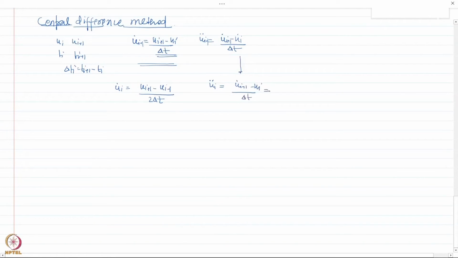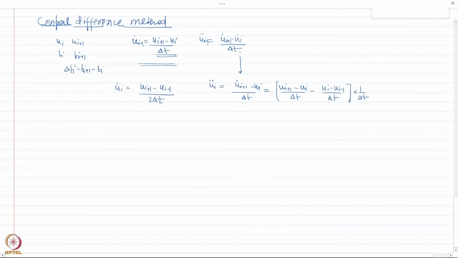So I can further substitute my u_i dot from the expression here and write it as (u_{i+1} minus u_i) divided by delta t, minus (u_i minus u_{i-1}) divided by delta t, and this whole thing multiplied by 1 by delta t, which is the denominator here.